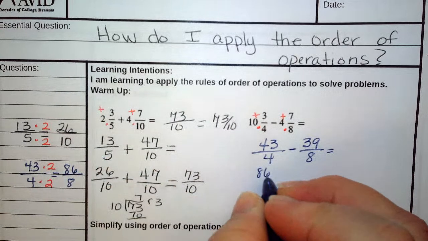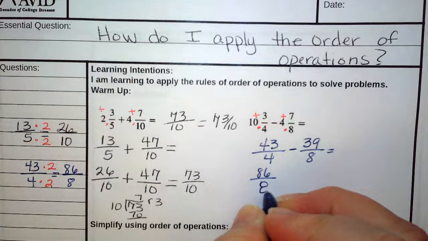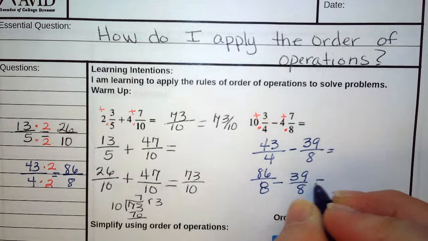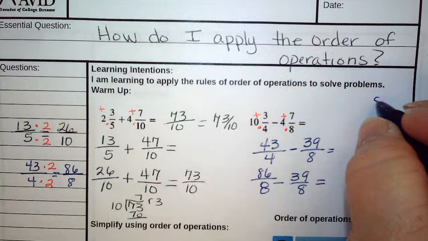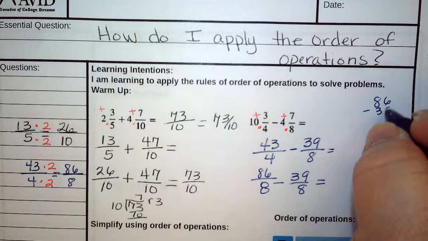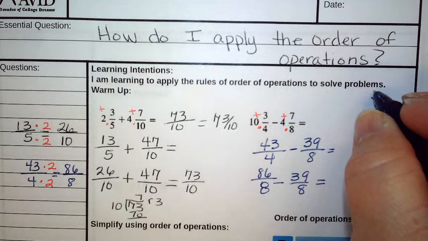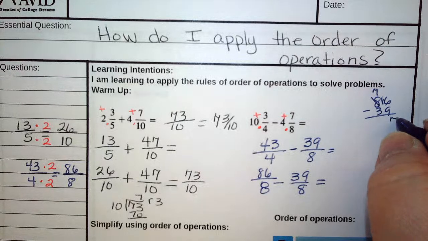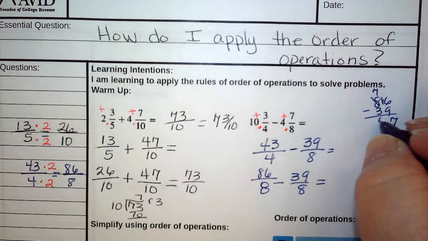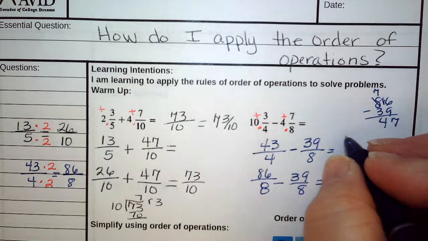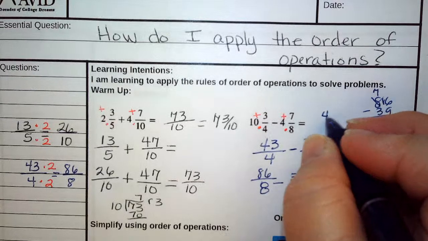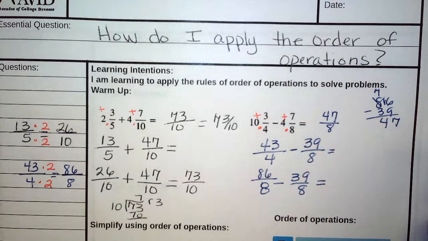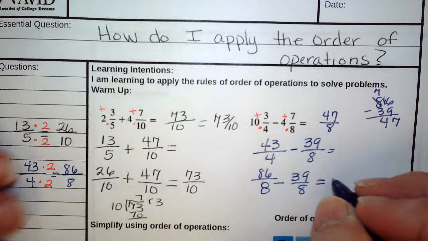So 86 over 8 minus 39 over 8 is equal to, well, 86 minus 39, got to carry the 1 over here. 16 minus 9 is 7. 7 minus 3 is 4, so this is equal to 47 over 8. 47 over 8 is a perfectly fine number.